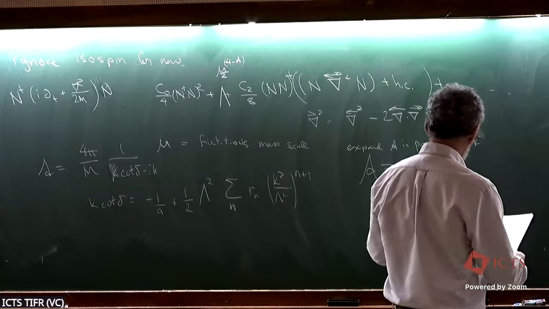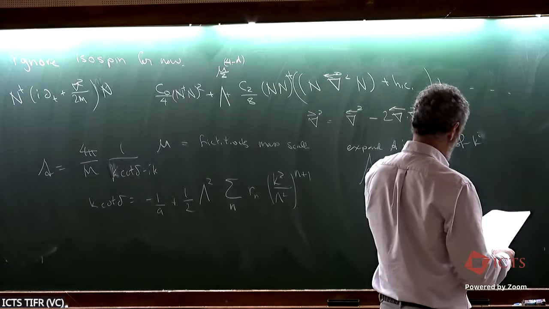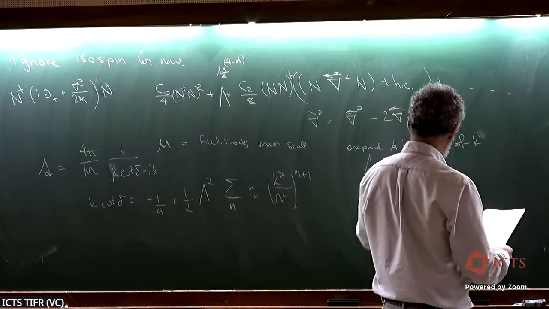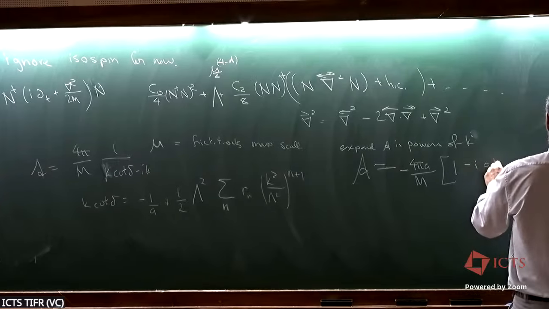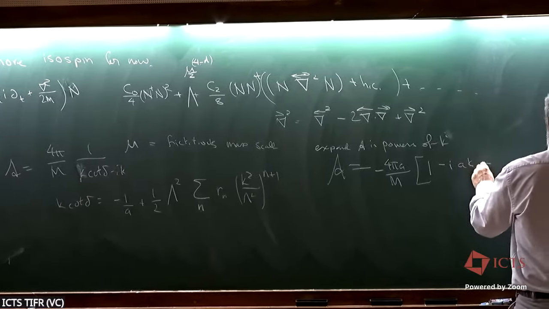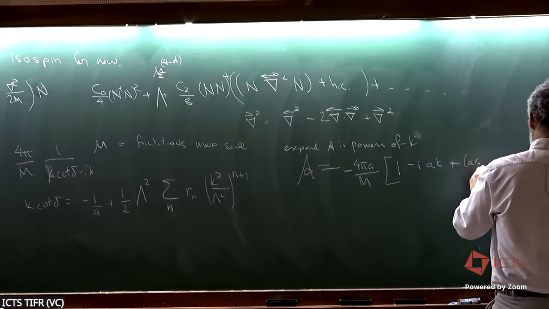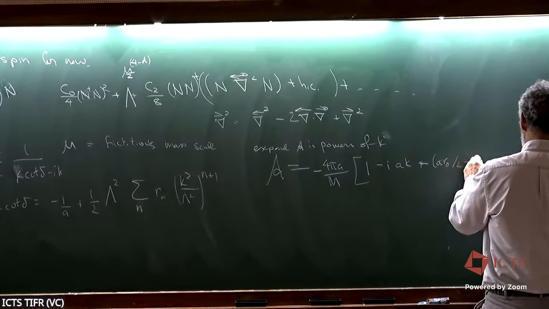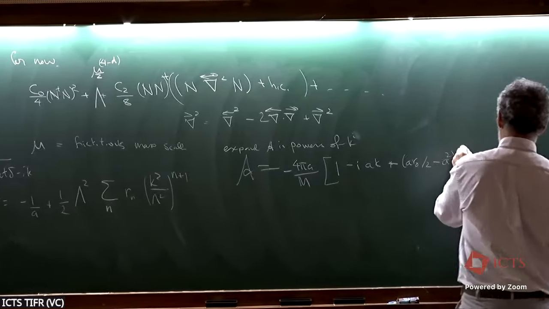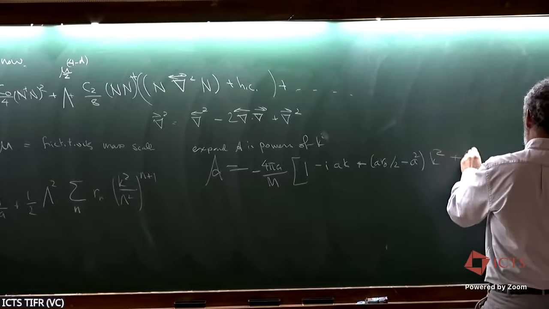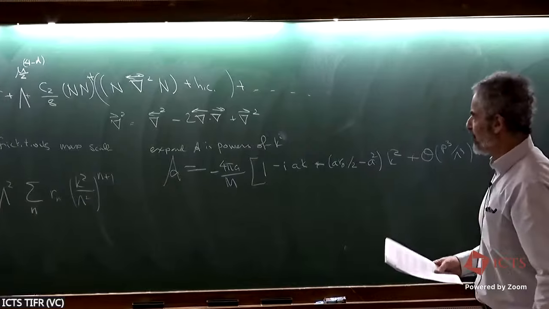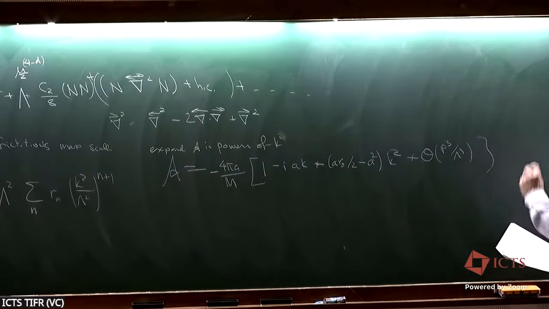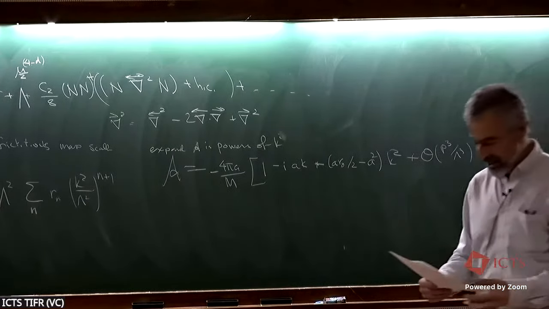I would get 4 pi a over m times 1 minus i a k plus a r naught over 2 minus a squared k squared plus order p cubed over lambda cubed. So this would be the generic expansion you would expect if you expanded this in powers of k.